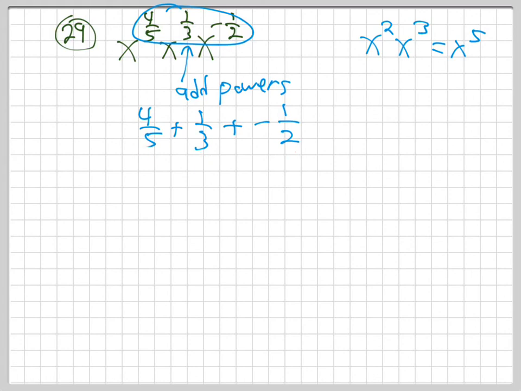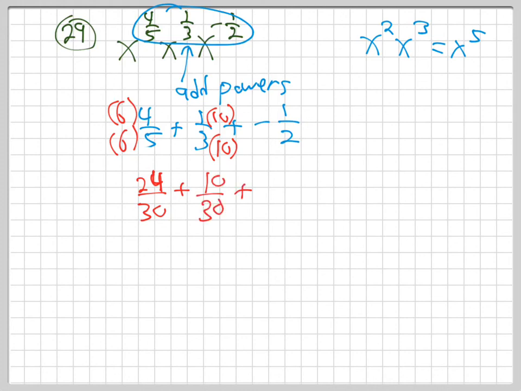So by hand, you'd make it 30. That would multiply top and bottom by 6 on this one, so 24/30ths. Plus, top and bottom by 10 on this one, 10/30ths. And top and bottom by 15 on this guy to make it minus 15/30ths.